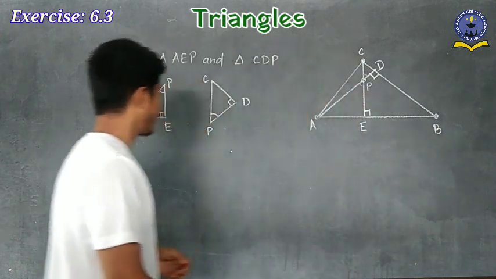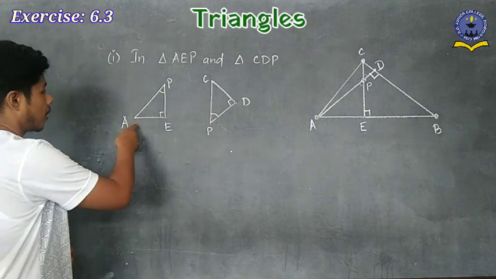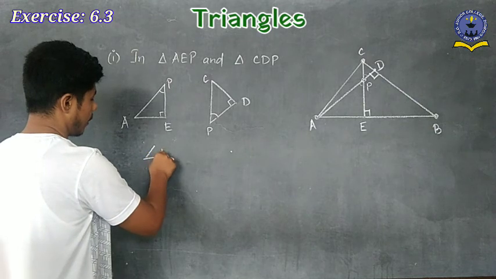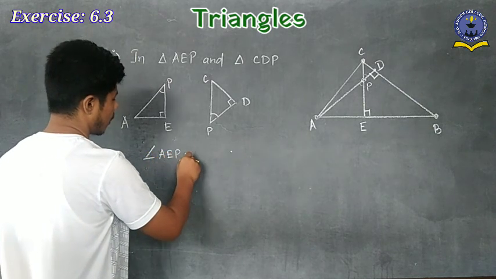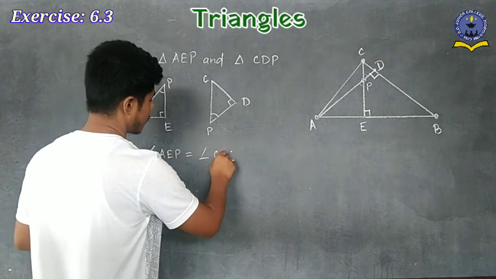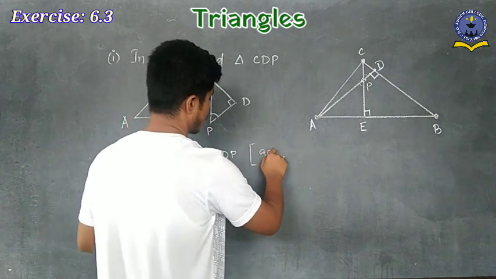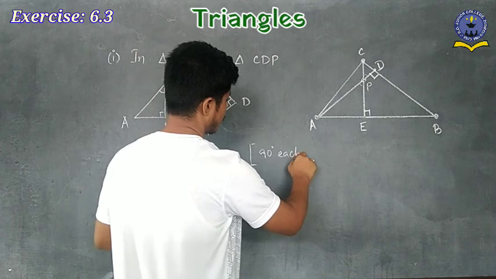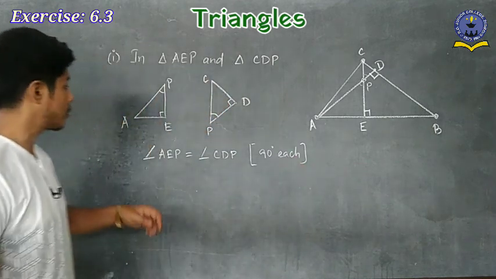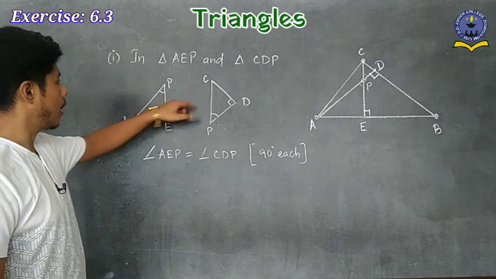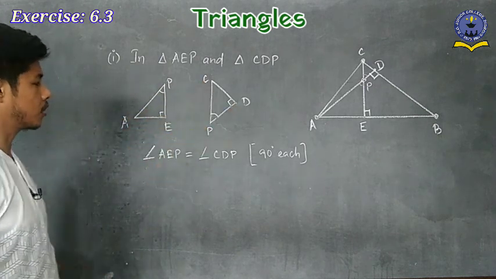Now here, first of all we write AEP and CDP. Angle AEP is equal to angle CDP, and in brackets you write 90 degrees each. Is it clear? So these two angles are equal.